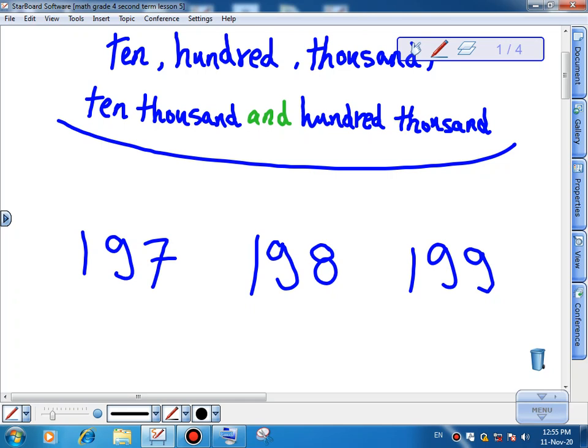How is that? If I have 197, 198, 199, I need to approximate this number to make a number that is very simple, like this. 197 is nearest to 200. I don't need to say 197.